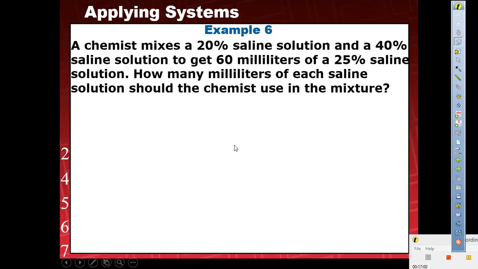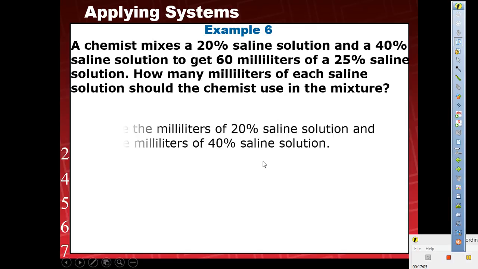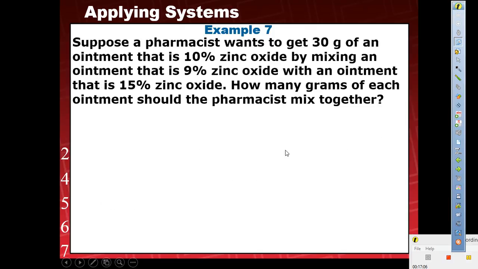Look at this next one. Look up, please. Example 7. Don't copy this, but get a table ready, please. It says, suppose a pharmacist wants to get 30 grams of an ointment that is 10% zinc oxide by mixing an ointment that is 9% zinc oxide with an ointment that is 15% zinc oxide.